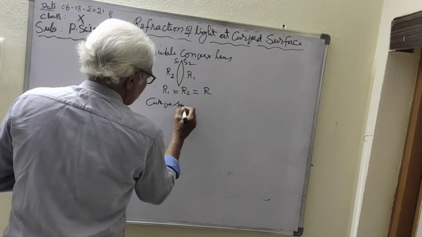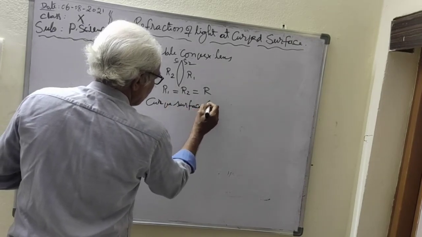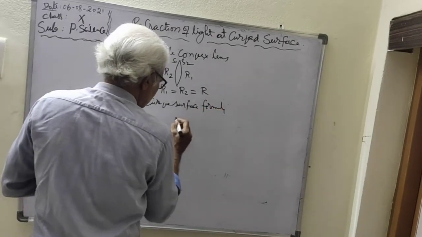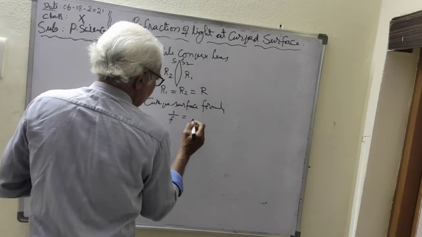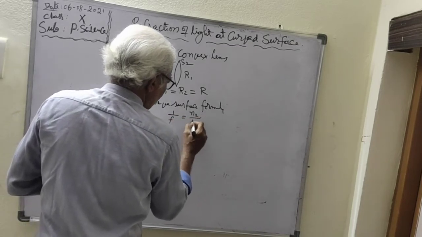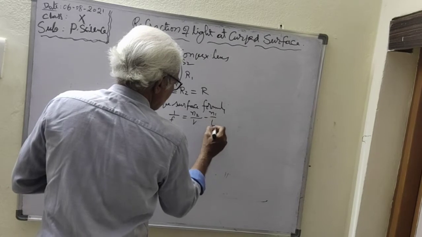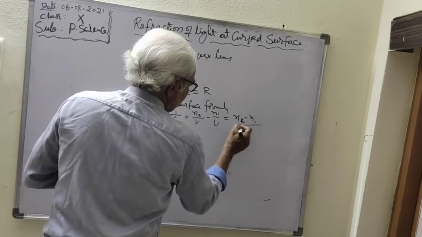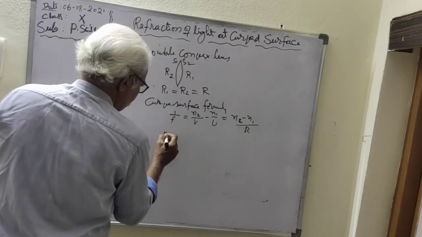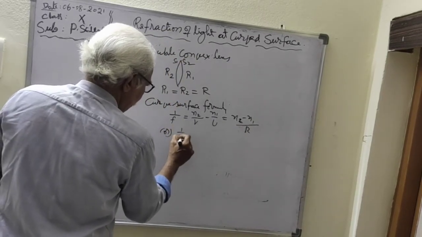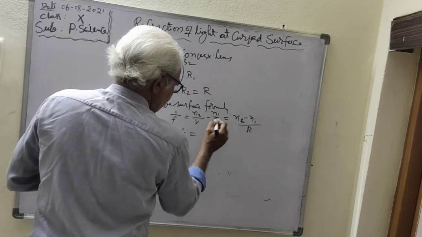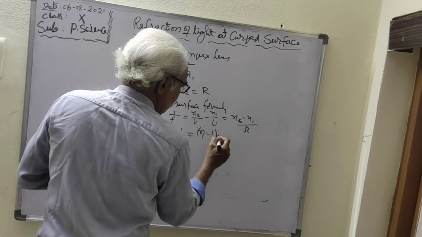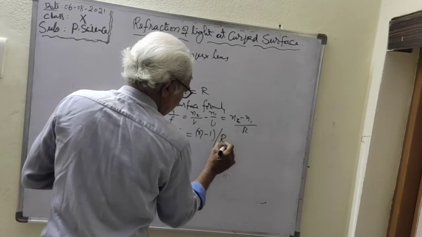According to the curved surface formula, n2 by v minus n1 by u is equal to n2 minus n1 by R. Or from this equation, 1 by f is equal to n minus 1 into 1 by R1 minus 1 by R2.